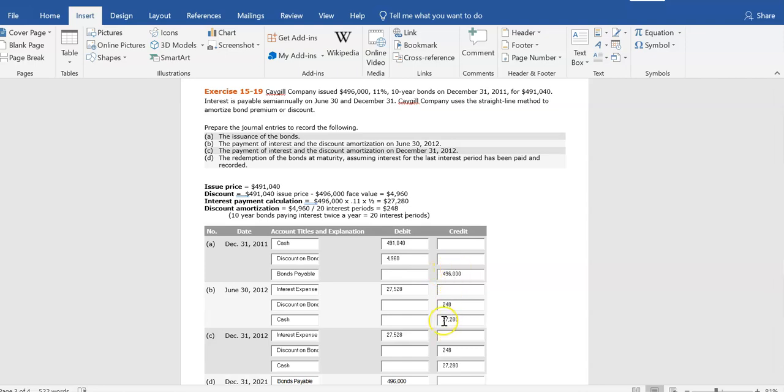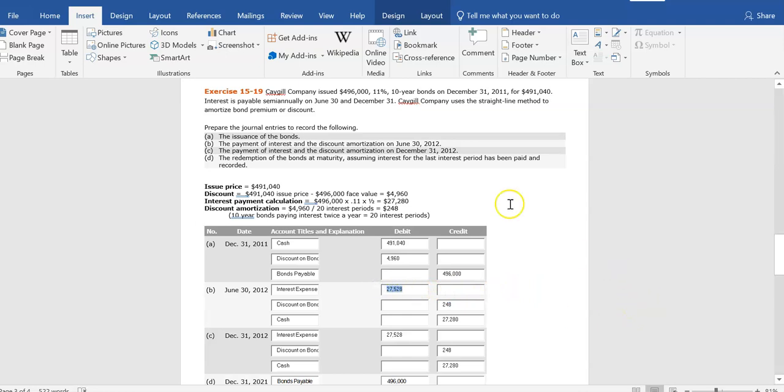So part of our interest expense is going to be the cash paid to bondholders, but we are also going to add the amortization of the discount, resulting in an interest expense of $27,528, which is the cash paid plus the discount amortization to get to our total interest expense.